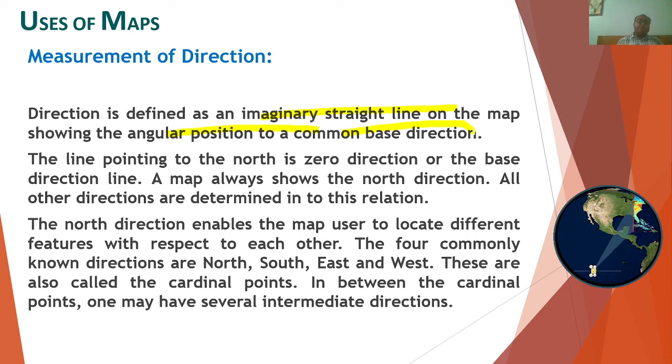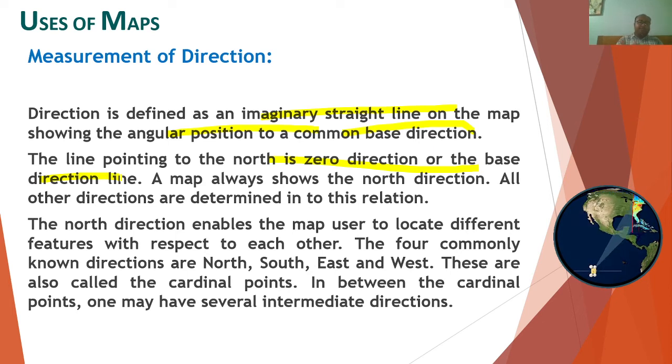The line pointing to the north is the zero direction or the base directional line. Whenever the north line is there, approximately we say 360 degrees, but many times we convert the 360 degree value to 0 degree because we are referring to the north line. We will learn this concept in field work.